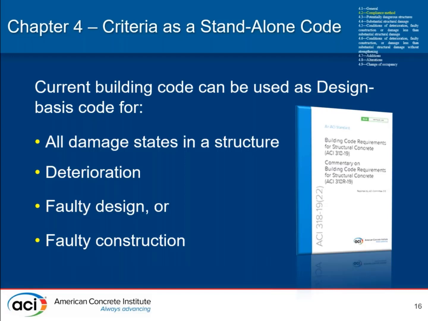So the idea with Chapter 4 is that the design basis code criteria for a project can be defined using the requirements set forth in Chapter 4, and this can be used, as we said previously, in conjunction with the IEBC, where the IEBC has jurisdiction.